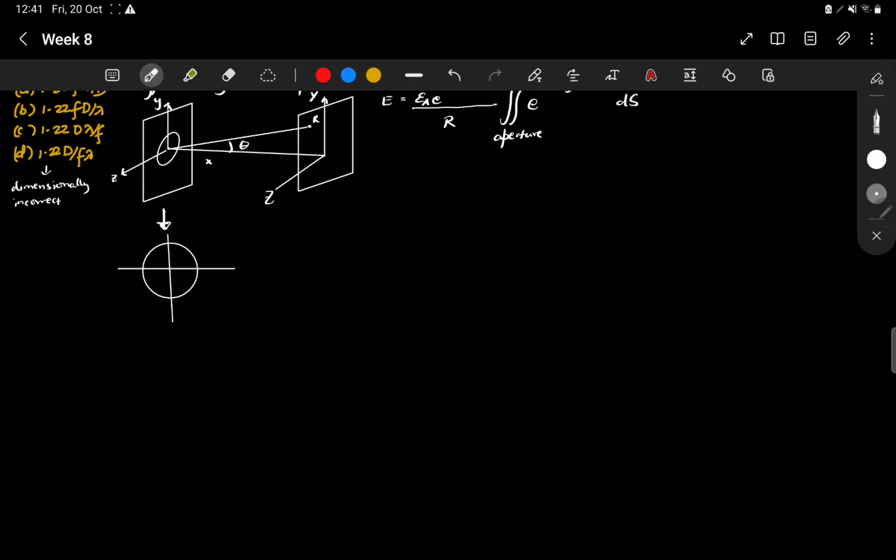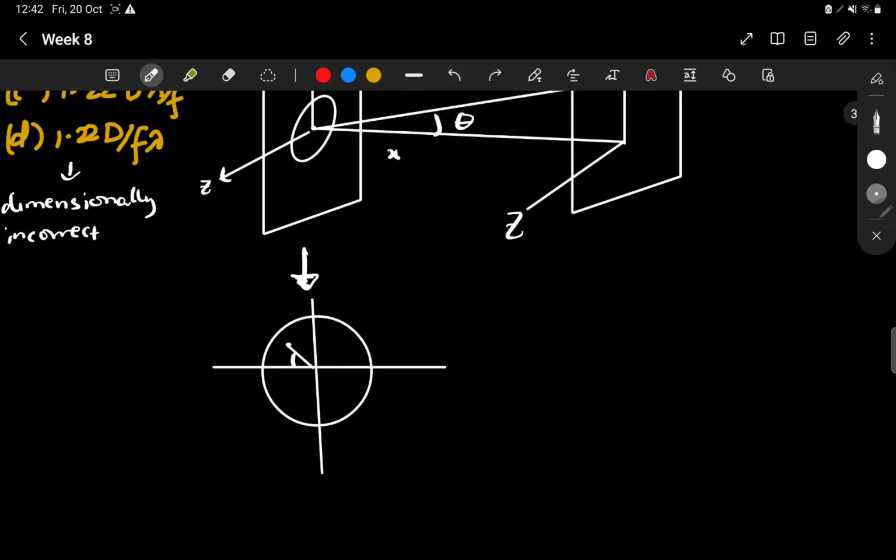And let's say this is some point over here. This angle is phi. Okay, I think this is becoming too tiny. Maybe I need to zoom in.